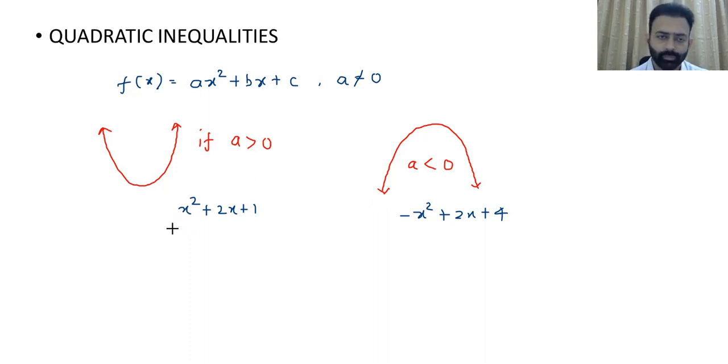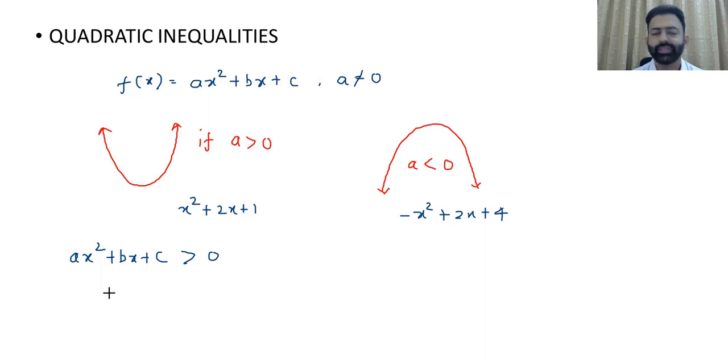Okay, now if I'm interested in finding out the quadratic inequality, how to open up the quadratic inequality. Now there are two cases. One is that you have been asked that ax square plus bx plus c is greater than 0. Okay, solve this quadratic inequality, right?